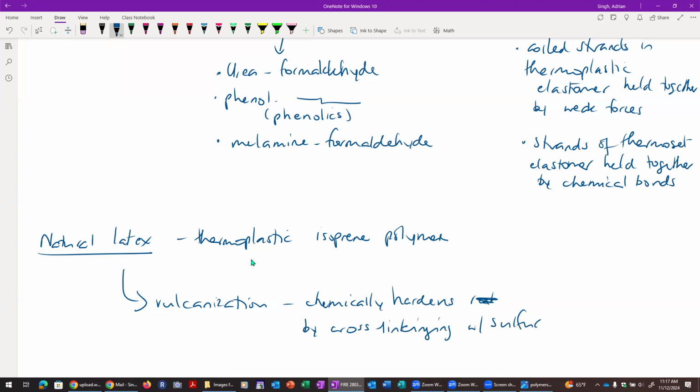So you think about latex, usually you think of latex rubber. Well, the rubber itself can be vulcanized to make it harder using sulfur as a cross-linker.